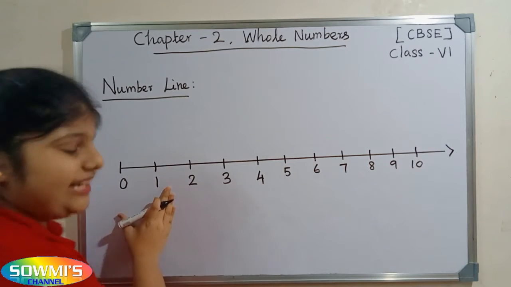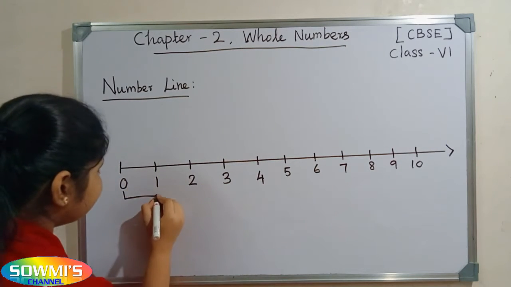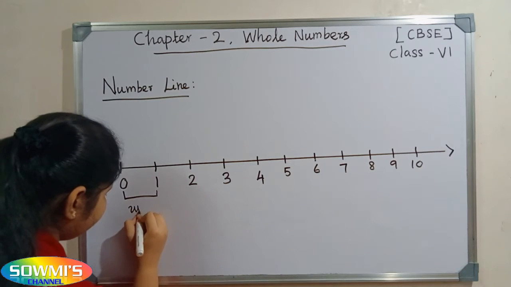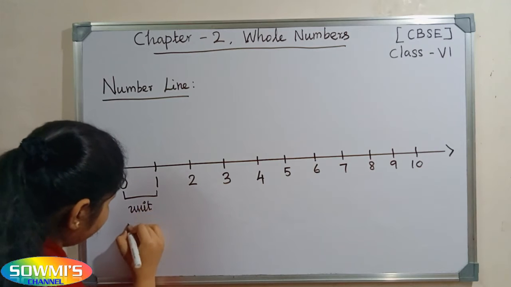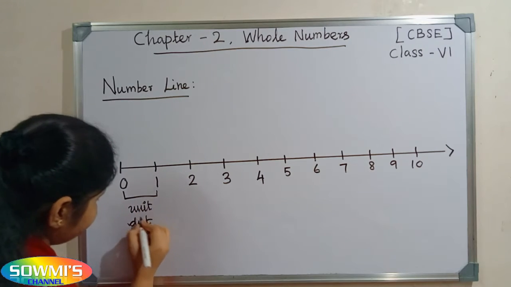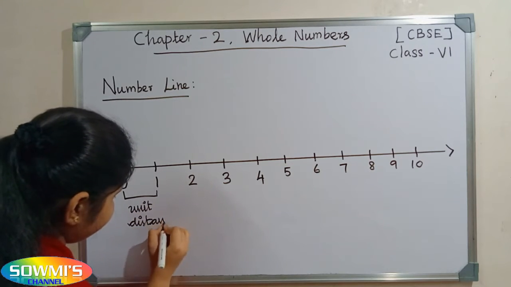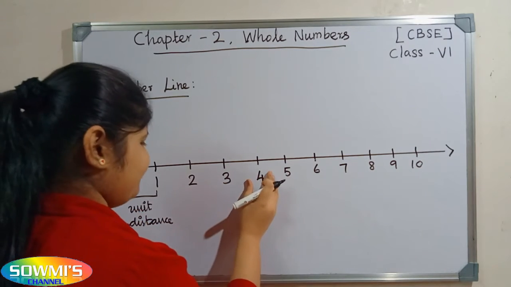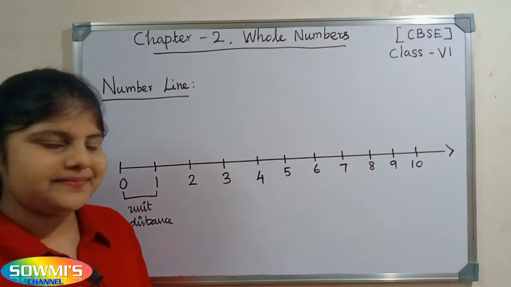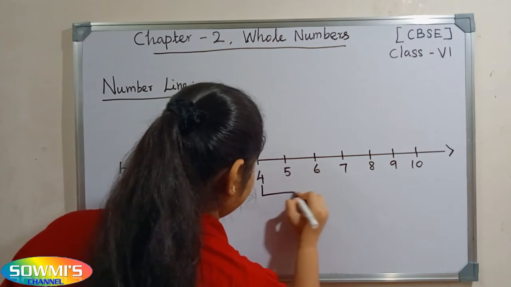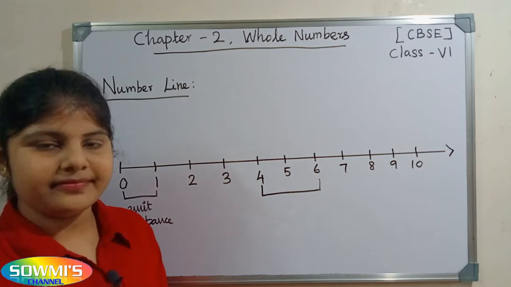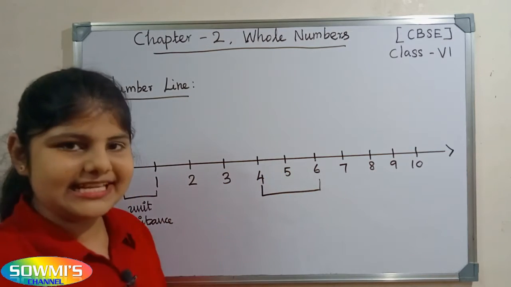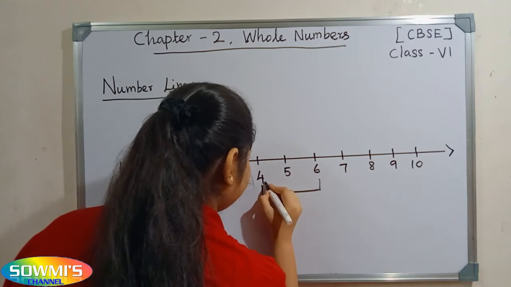The distance between two numbers is called the unit distance. Can you find the distance between the points 4 and 6? The distance between the points 4 and 5 is 1 unit.